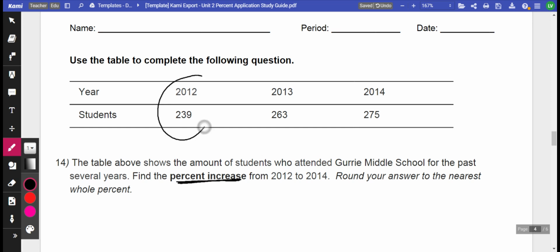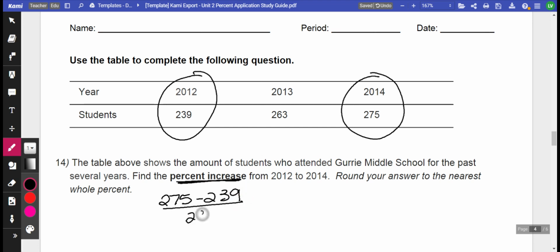So from 2012 to 2014, we're going to take our new amount, 275, and subtract our original of 239 and divide it by the original of 239.